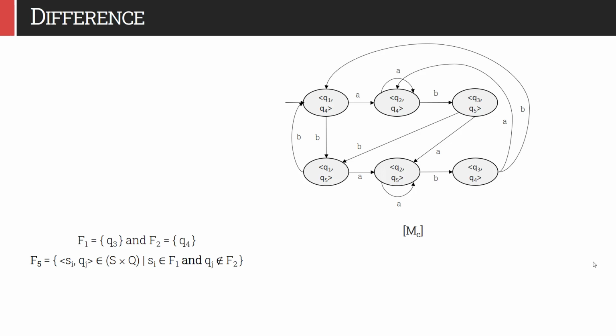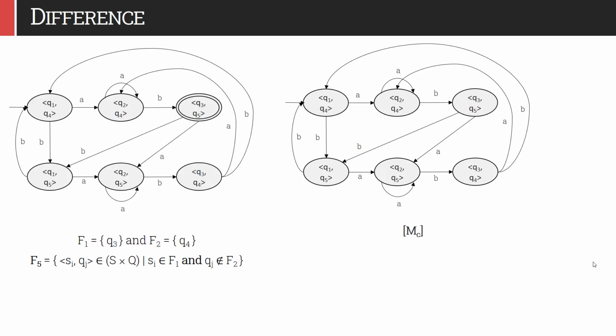Because Qj must not be in F2. So in Q3, Q5 that condition is satisfied because Q5 is not a final state in M2, but Q3, Q4 does not satisfy it because Q4 is the final state in machine M2. So there will be only one final state, which is Q3, Q5. So this is the equivalent DFA for computing the difference language, that is L of M1 minus L of M2.